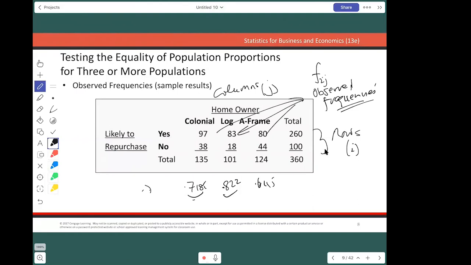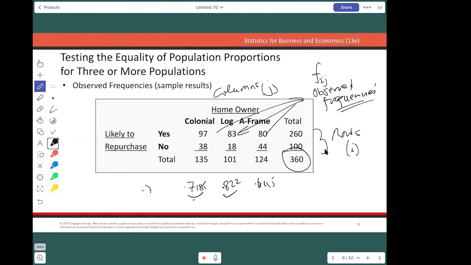In other words, we took a sample of 360 homes, and that's how it broke down. Of the 360 homes, 135 of them were colonial. 97 people said, yes, we're going to repurchase that. 38 said, I don't think so. So we break it down that way. So that's what we observed in the sample of 360.